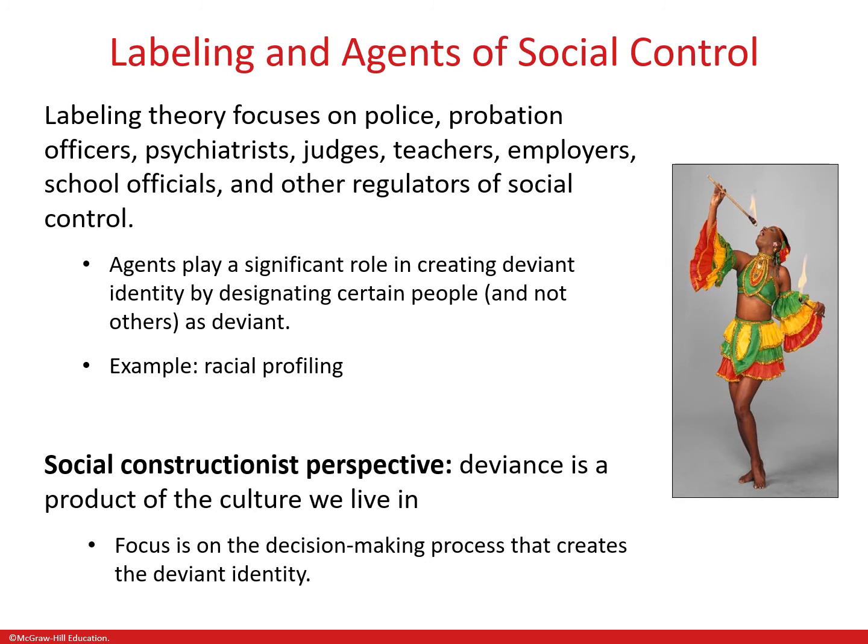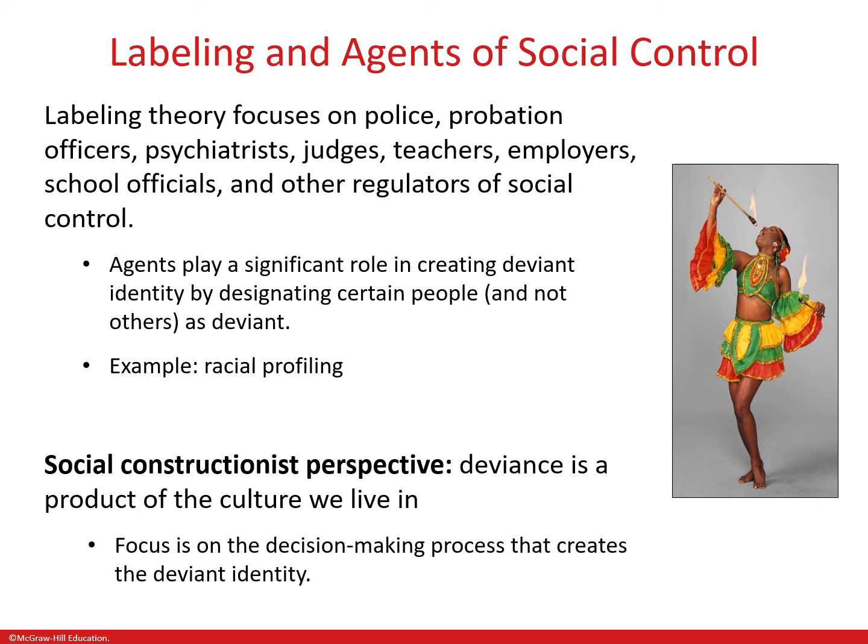Now, labeling theory focuses on social control agents, and these agents are police, probation officers, psychiatrists, judges, teachers, etc. These people play a significant role in creating the deviant identity by defining certain people as deviant.